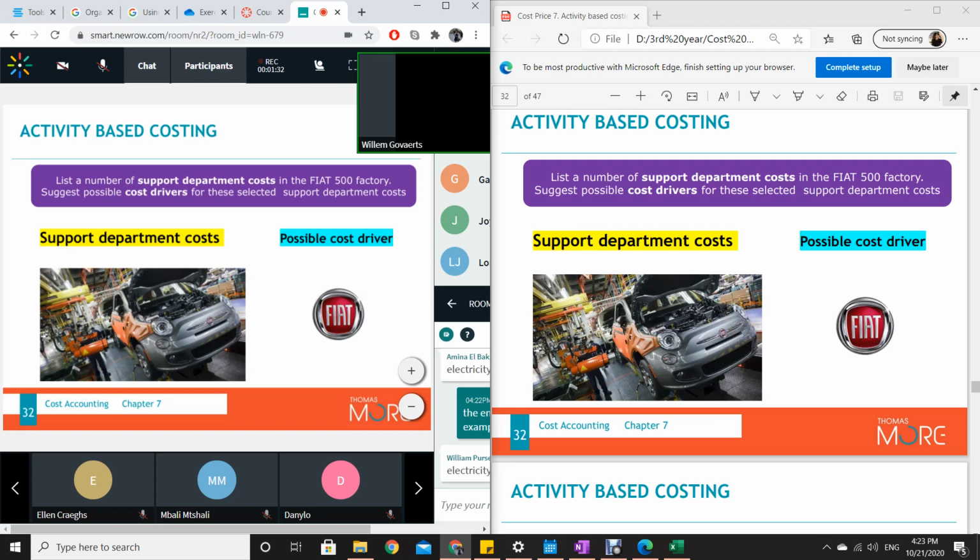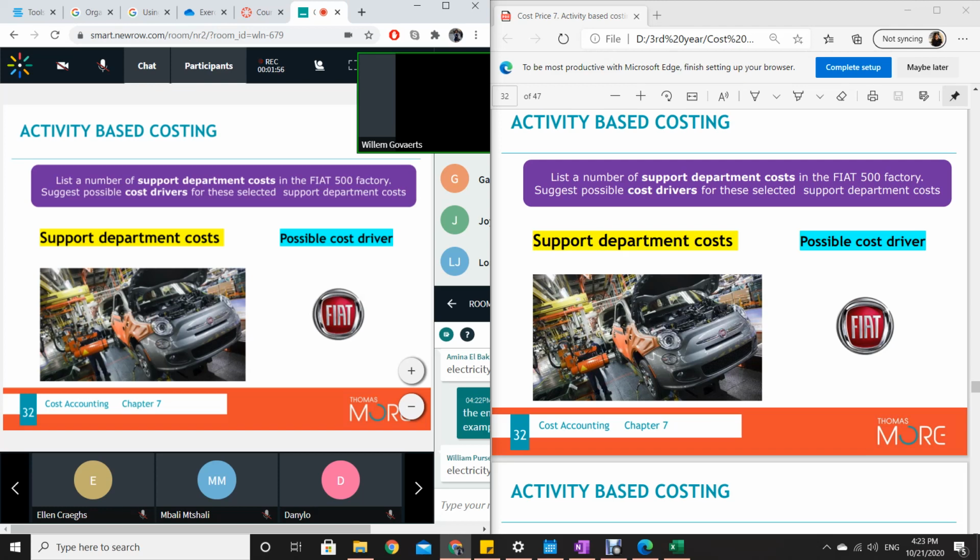So how can we take this as an example? You see the quality check at different points. What kind of cost driver, or what kind of unit, will you use to make a logical relation with the quality costs? This is most of the time a number.